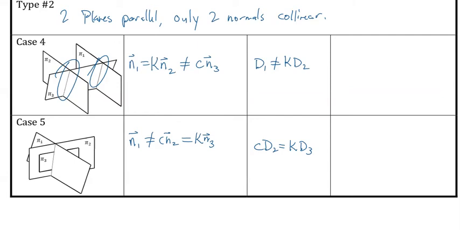So two planes are parallel, and the third passes through both in two distinct lines.